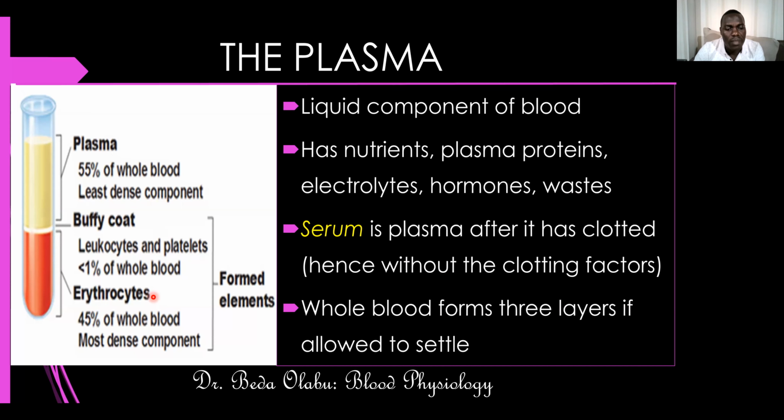This is because the red blood cells tend to be denser. So they occupy the lower zone. That lower zone occupied by the red blood cells is what we call the packed cell volume. The packed cell volume is about 45% of the whole blood. You can add or minus 2% on that. That is still within normal range.